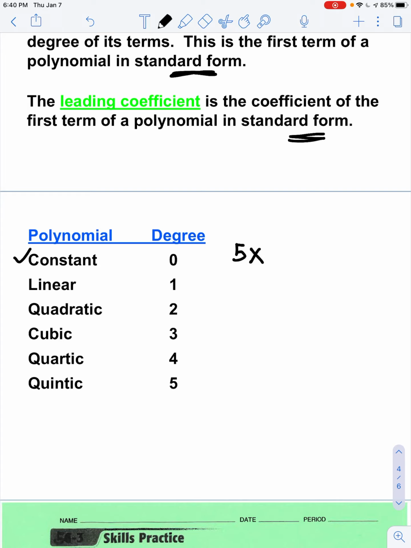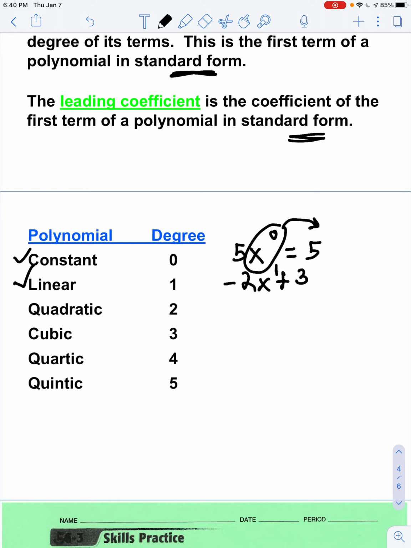That happens when you have something like 5x to the 0, because x to the 0 is really 1. That really means 5x to the 0 is 5. Something that's linear, negative 2x plus 3, that would be linear. Degree is 1, that implied exponent.